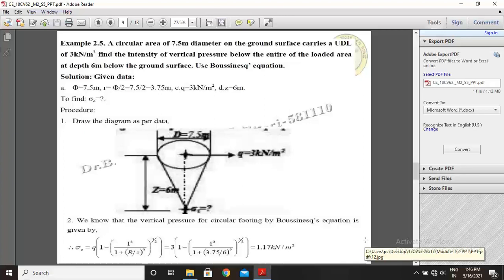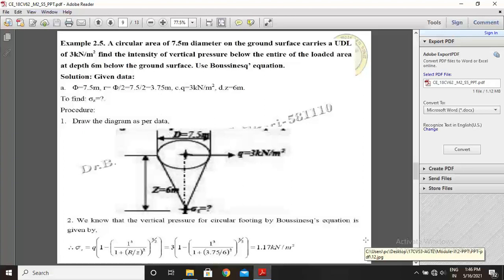Let us say this is also one type of problem. A circular area of 7.5 meter diameter on the ground surface carries a UDL of 3 kilonewton per meter square. Find the intensity of vertical pressure below the center of the loaded area at a depth of 6 meters below the ground surface. Use Boussinesq's equation.